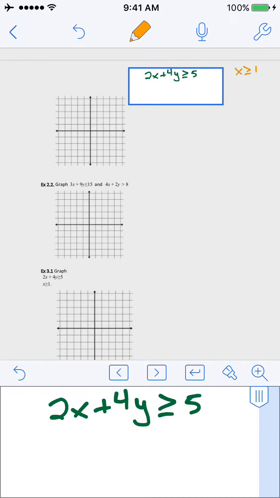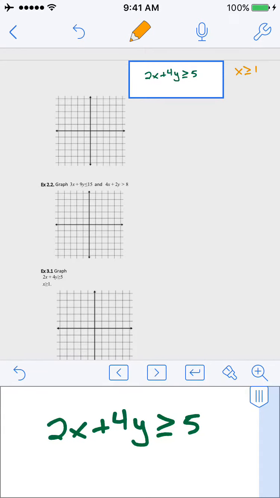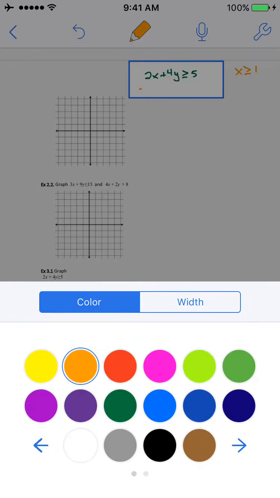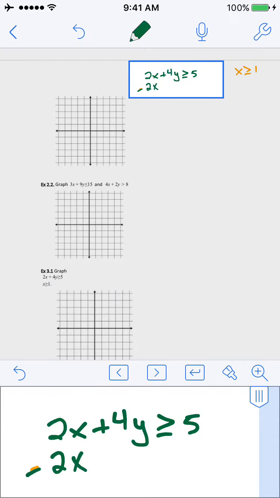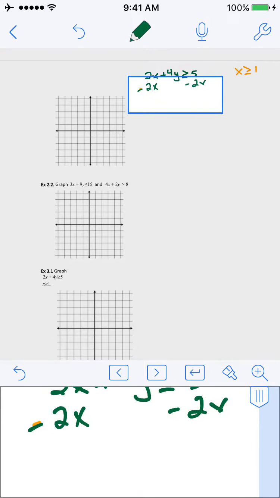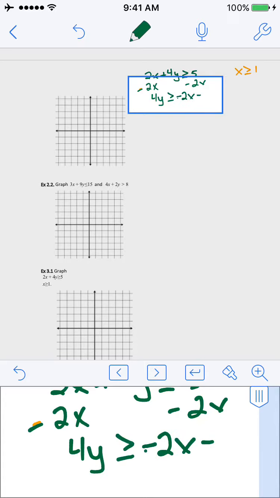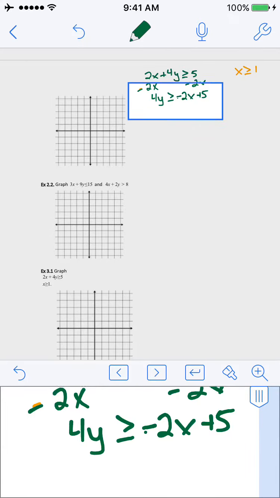Alrighty, so let's go ahead and graph this. So we rearrange. So minus 2x to both sides. You get 4y is greater than or equal to negative 2x plus 5. That's what we get.